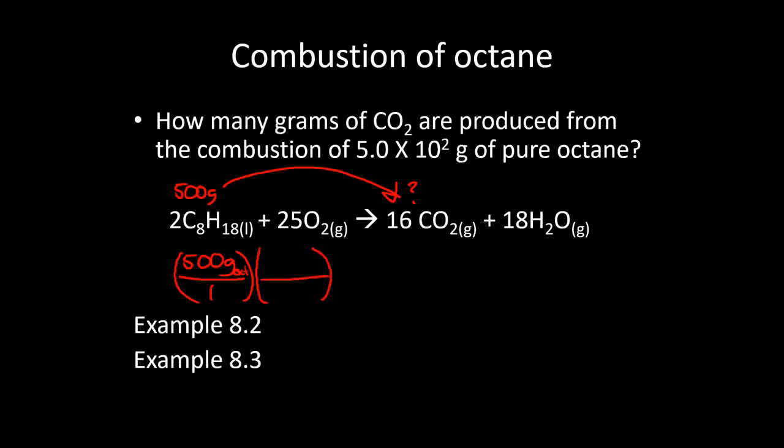The molar mass of octane, I don't know off the top of my head. Let's see. So we have 8 carbons, which are 12.01 each, plus 18 hydrogens that are 1.01 each. And that gives me 115.09 grams of octane for every 1 mole of octane.